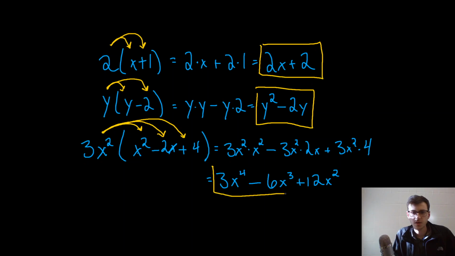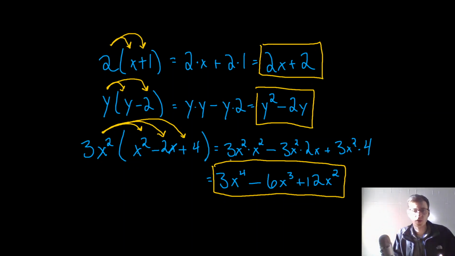So that would be the answer if I'm distributing 3x squared to x squared plus 2x plus 4.